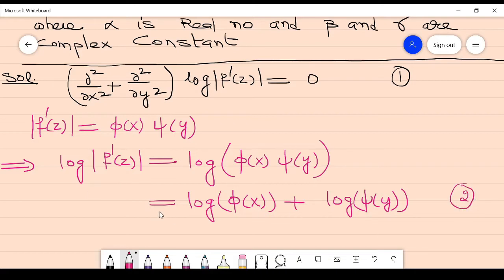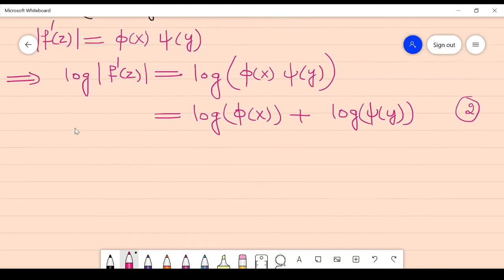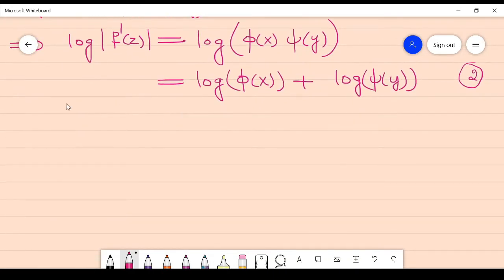Now substitute equation number 2 in equation number 1.